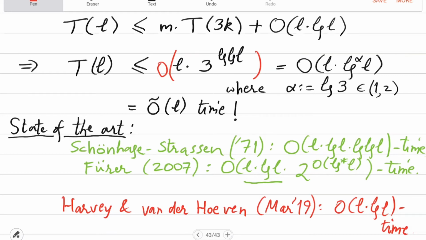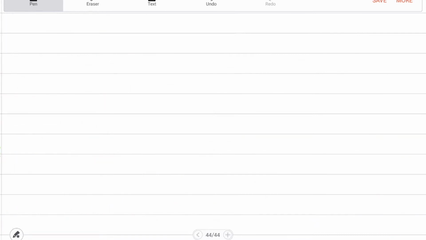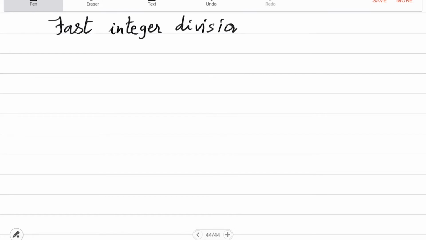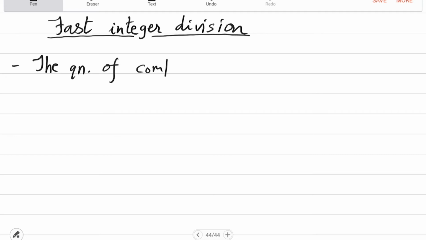Any questions? Okay, so let's see applications of this to other operations, equally basic. So first is fast integer division. How do you divide numbers? So the question of computing a by b.